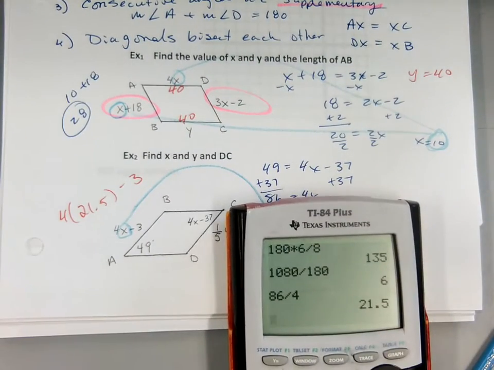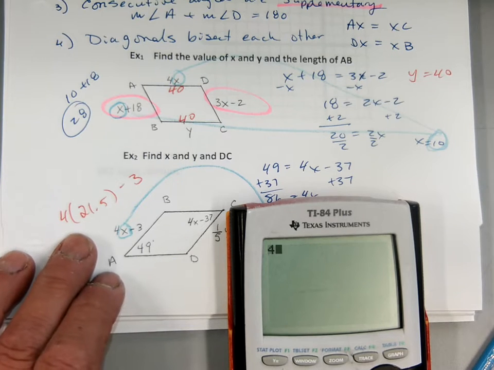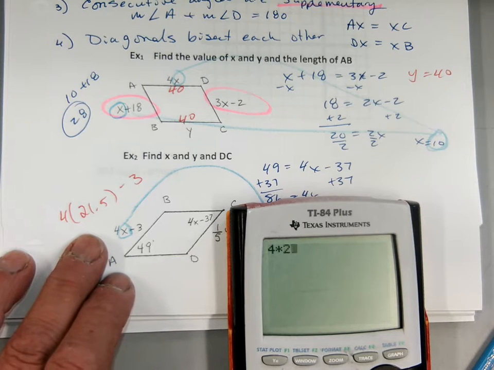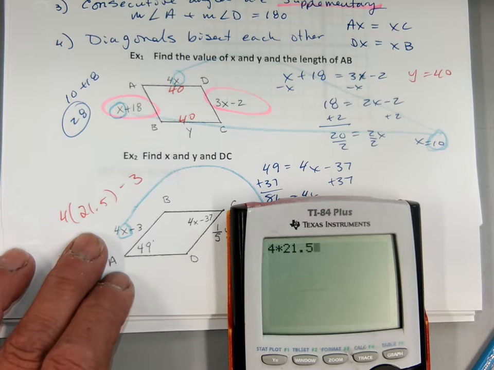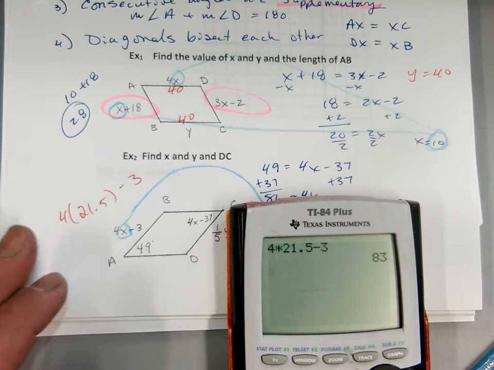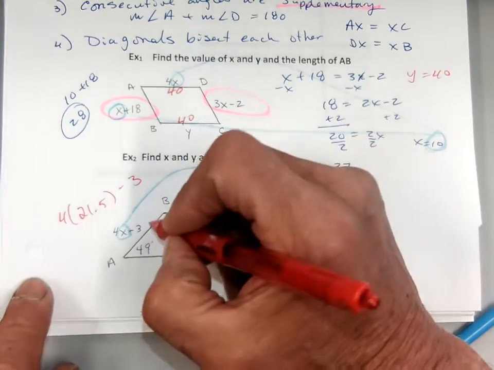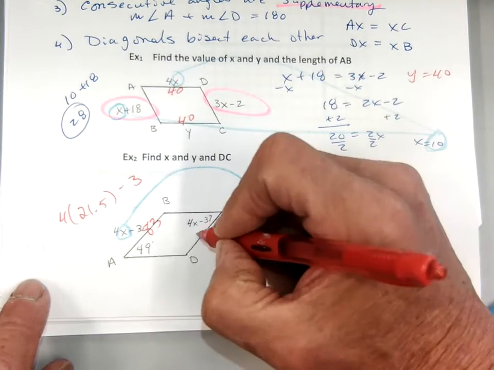Why not? I'll just go 4 times 21.5, my bad. Subtract 3. 83. Huh? 83. You're way ahead of me. I like that. So that means this side's 83. That means this side's also 83.